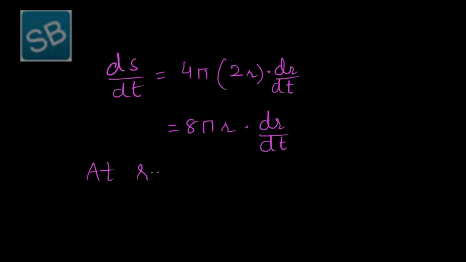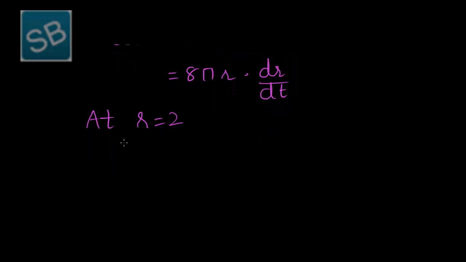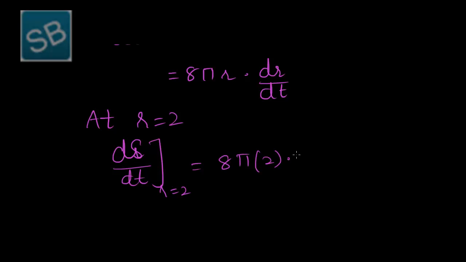So at r is equal to 2, what is the value of the rate of change of surface area? That is dS over dt at r is equal to 2 is equal to 8 pi into r into dr by dt, that is 4 by r square, that is 4 by 2 square.